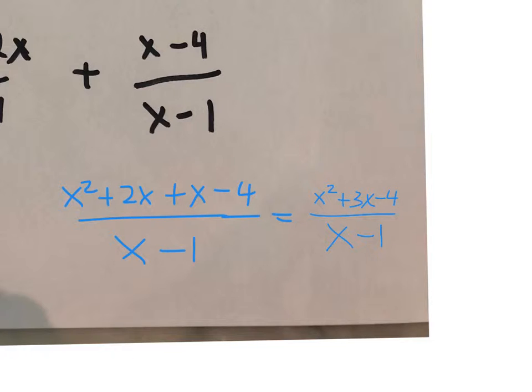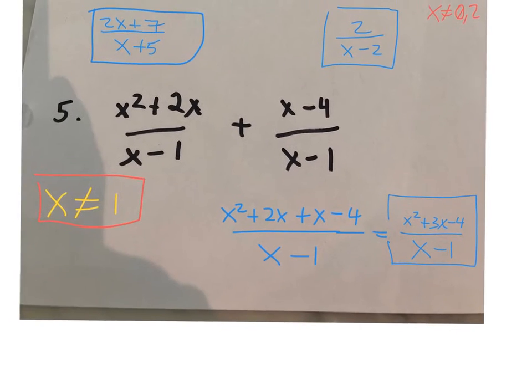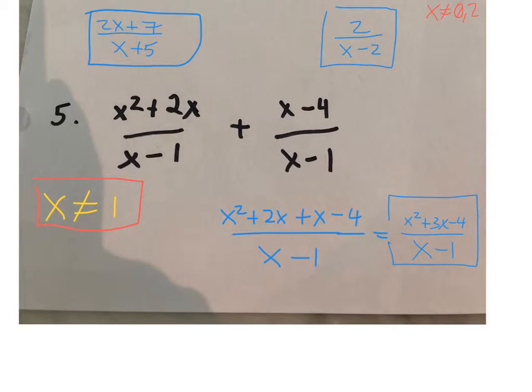Boom! That is the answer to that one. And yeah, that's as simple as it could get because x minus 4 wouldn't cancel with x minus 1. This would be x times x plus 2. Yeah, so this is as simple as it could be.